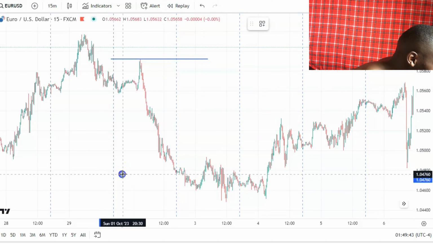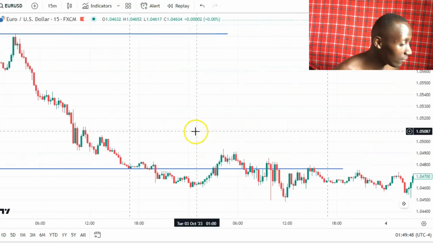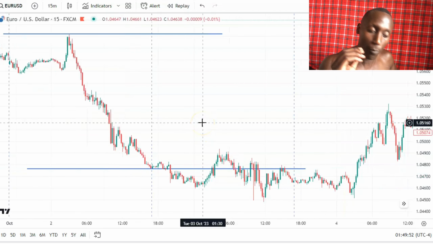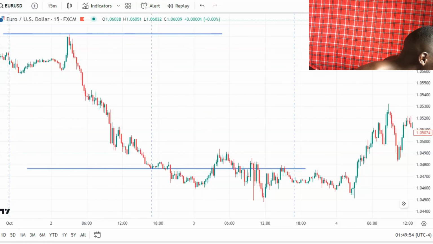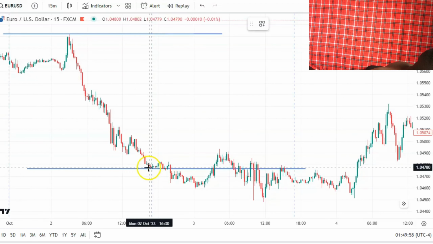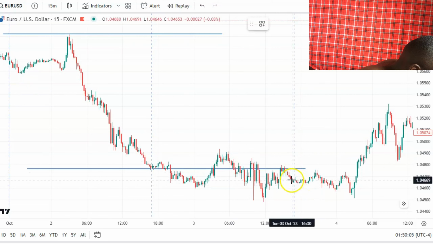So we are interested in how Monday closes, okay? And then on Tuesday, we are interested in the open and close of Tuesday. So this is the open. This is where the market opened on Tuesday, and this is where it closed.